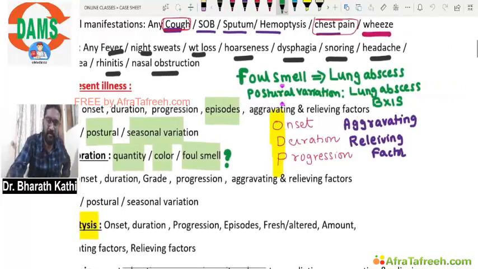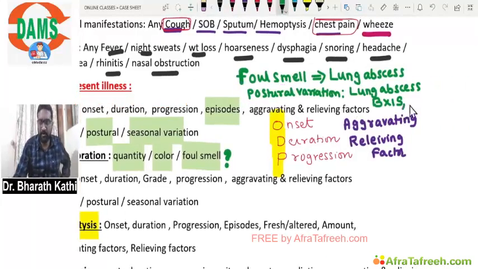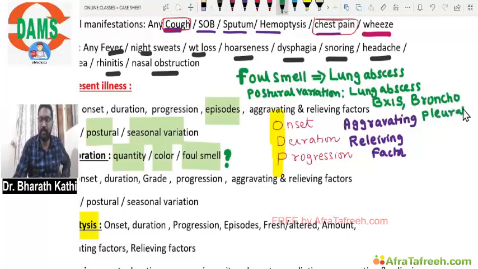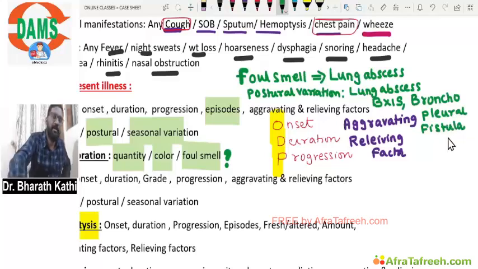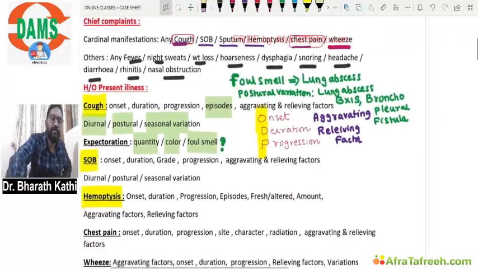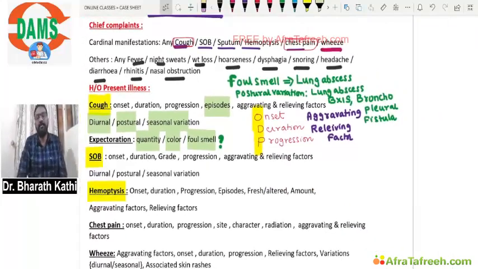So whenever there is a bronchopleural fistula also, patient will be comfortable on diseased side, but he will find it difficult while lying on the healthy side. So these are the things that you should keep in your mind when you are asking about cough.